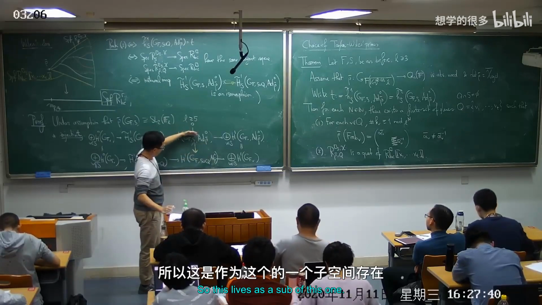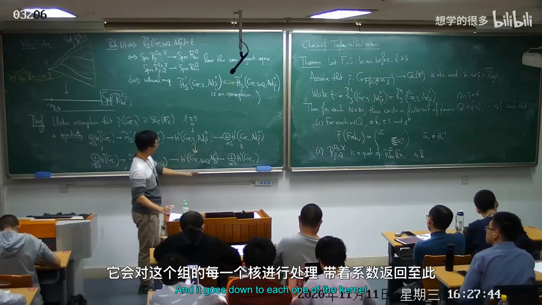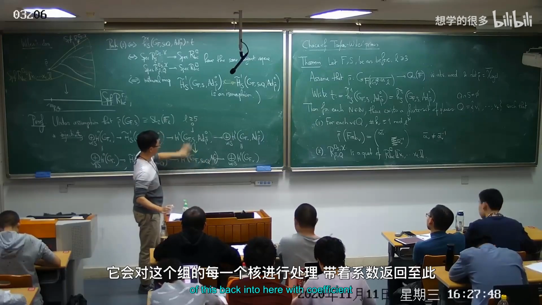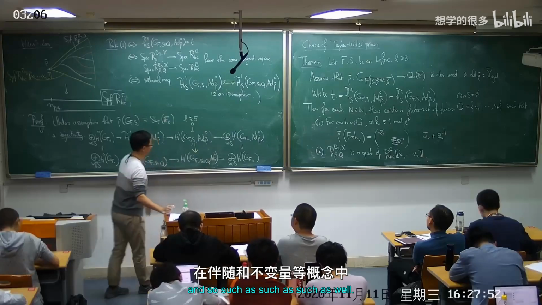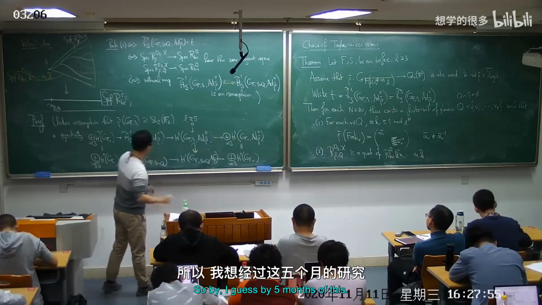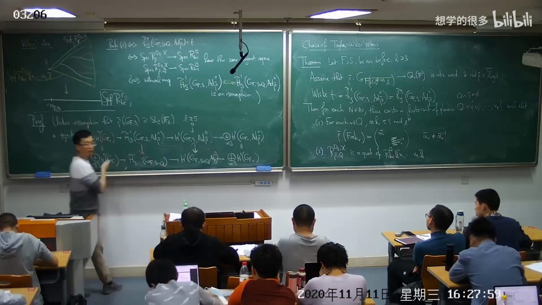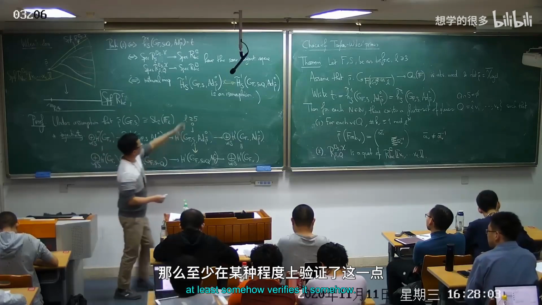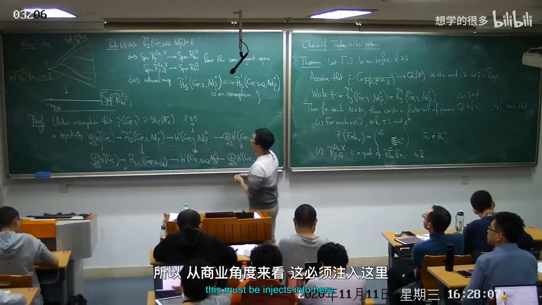So this lives as a sub of this one and goes down to H1 of the kernel of this group, with coefficients in the adjoint, and then invariants and such and such. But this is injective, so by the five-term sequence, this is injective. So that at least verifies that geometrically this must inject into here.